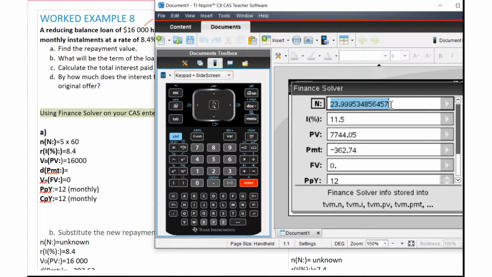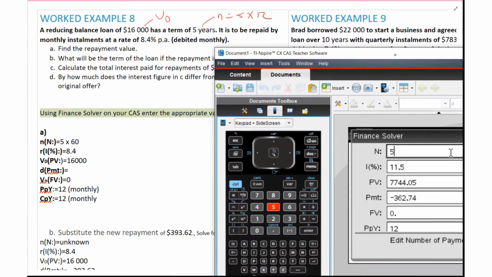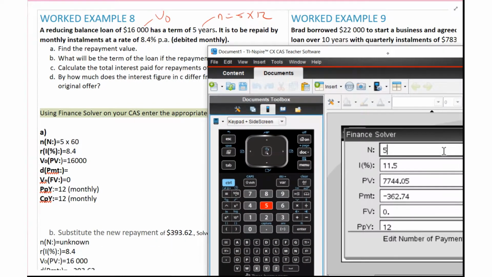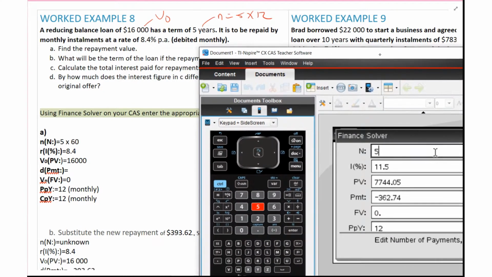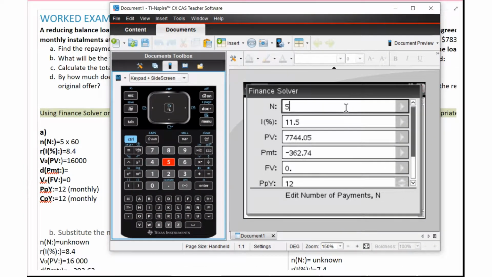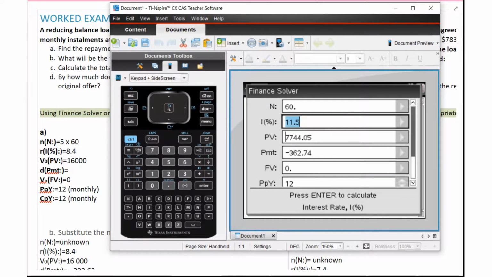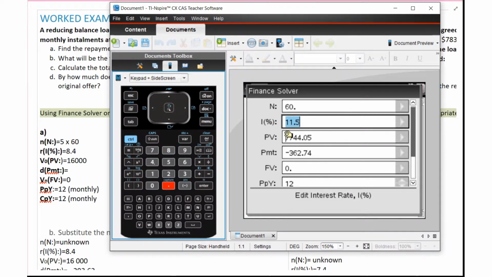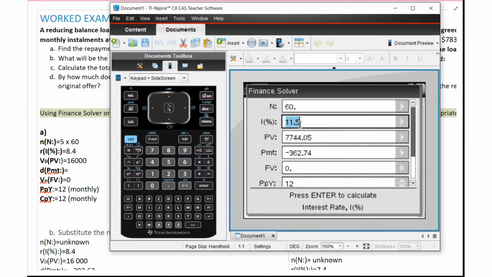repayments for this. Okay, so the repayments for this, I can go 5 years monthly installments, so I'll go 5 times 12. Then my interest was 8.4.